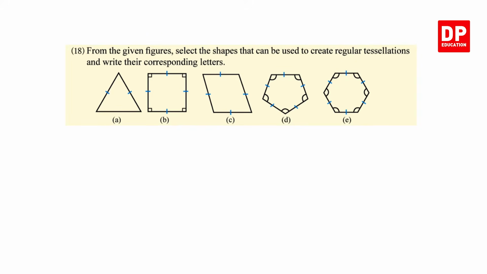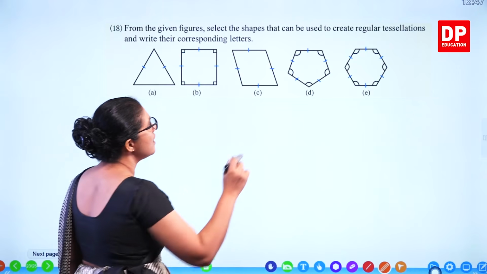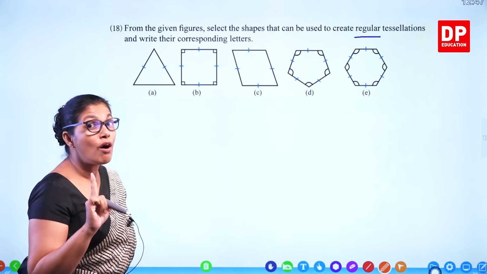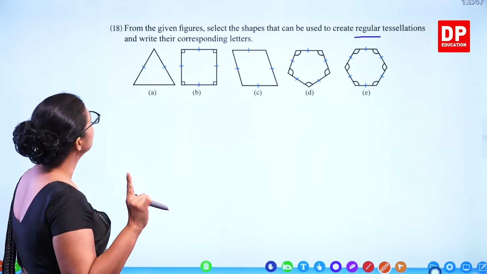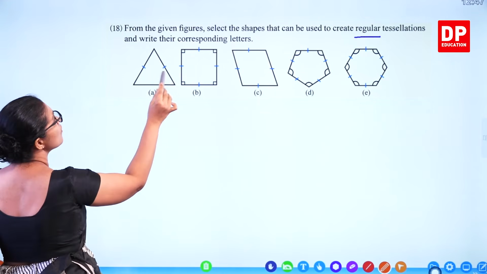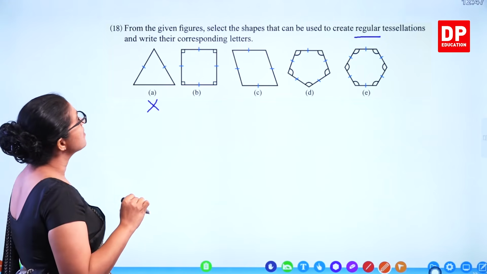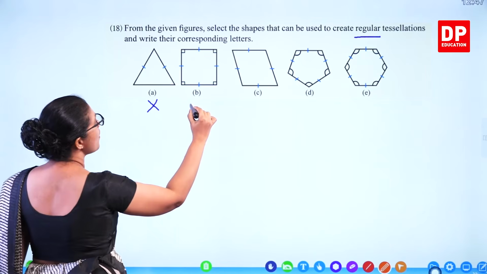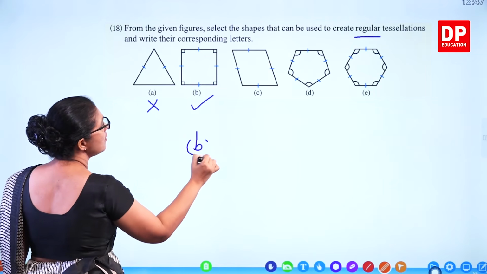From the given figures, select the shapes that can be used to create regular tessellation. Regular means all sides are equal as well as all angles are equal. So you can't take this. This is an isosceles triangle. This is a square, so you can take that one.